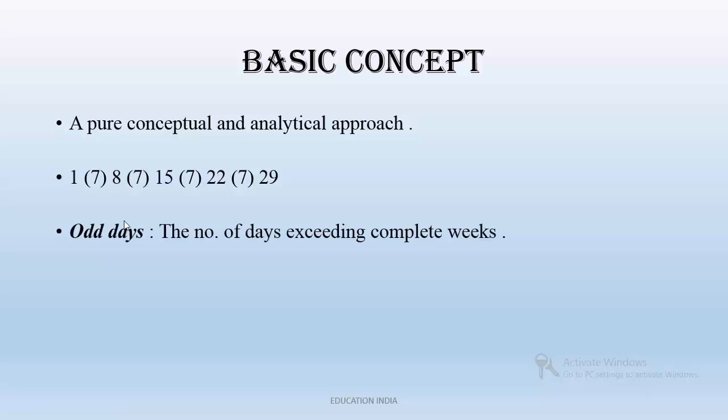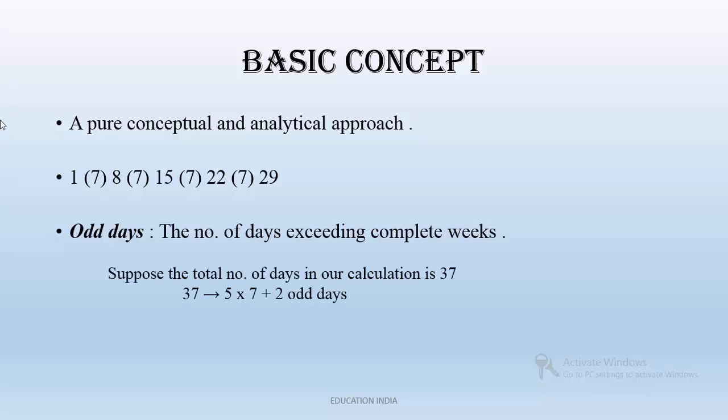What are odd days? The number of days exceeding complete weeks are known as odd days. Mathematically speaking, suppose the number of days in calculation is 12. Its remainder when divided by 7 will give you the number of odd days. Suppose the number of days in our calculation is 37. Now 37 can be broken up as 5 into 7 plus 2.